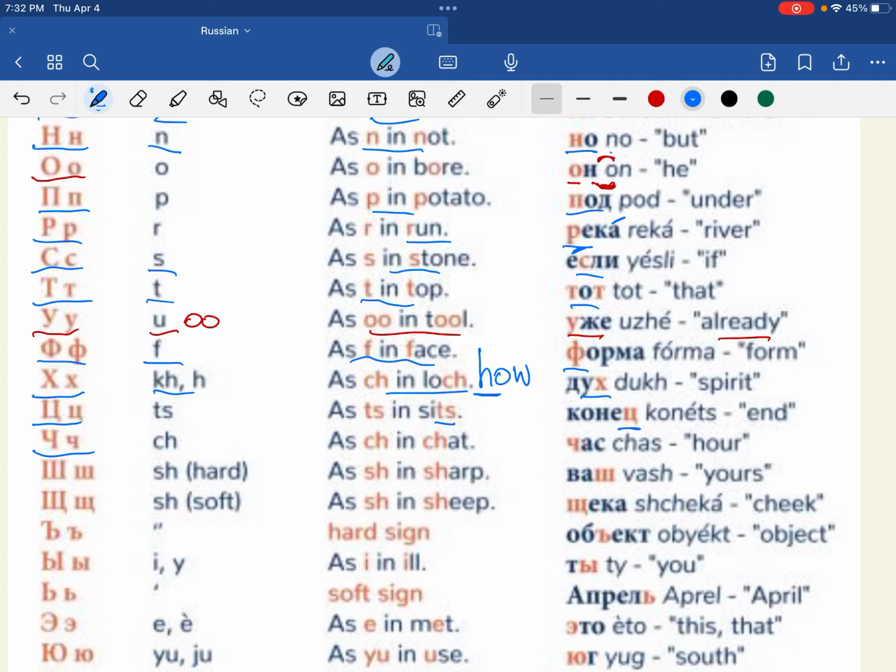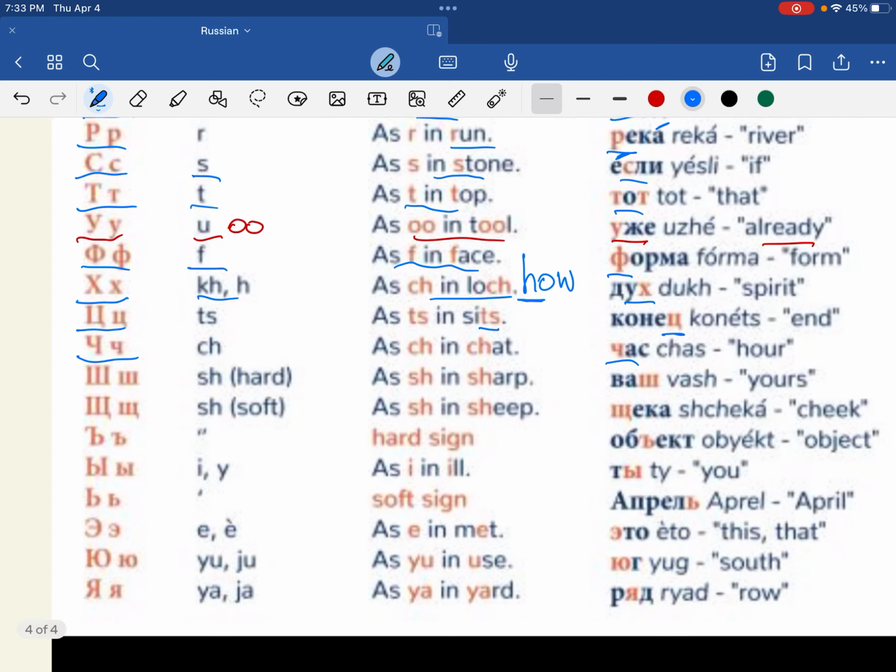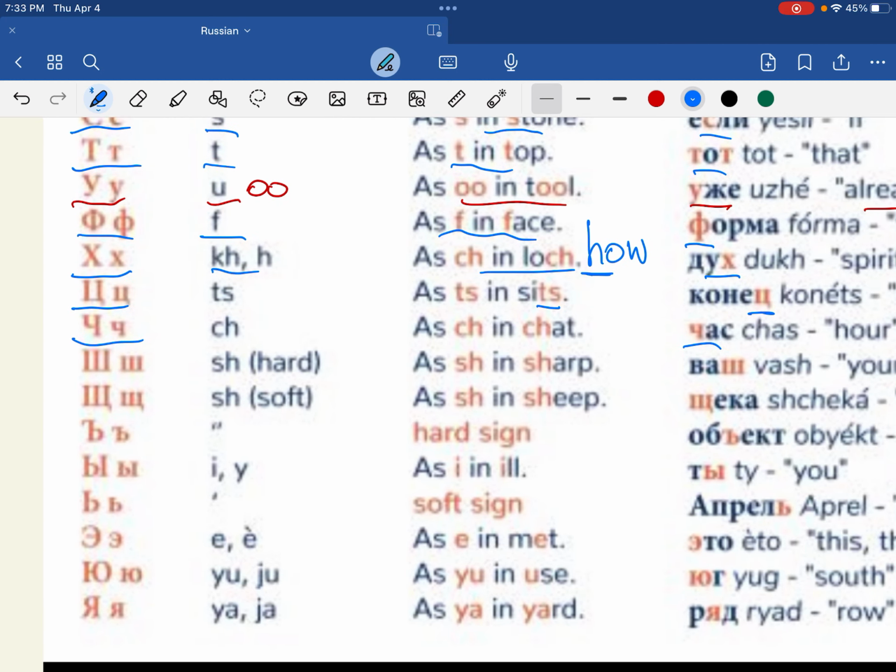The equivalent in English would be chat or cheat, and many other words have this sound. In Russian, it would be read like ch in the word час, which means an hour. Another consonant is sh. Ша, and the sound is sh.